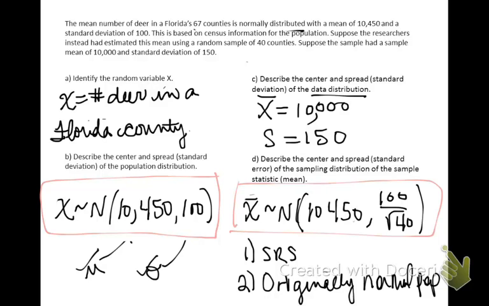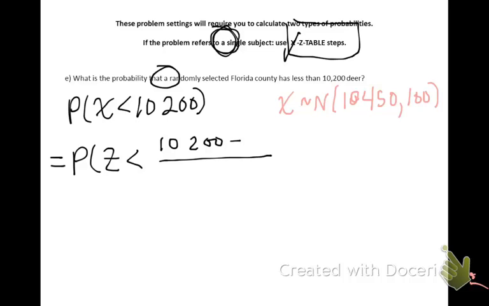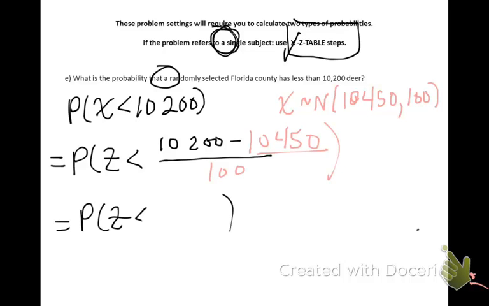If you're looking at one at a time, that's only one X. If you're looking at groups, that's a group or an X bar. Since we're looking at one, we're going to use this particular mean and standard deviation. So we're going to subtract the mean, 10,450, and divide by the standard deviation, 100. This gives back a z-score of negative 2.50.